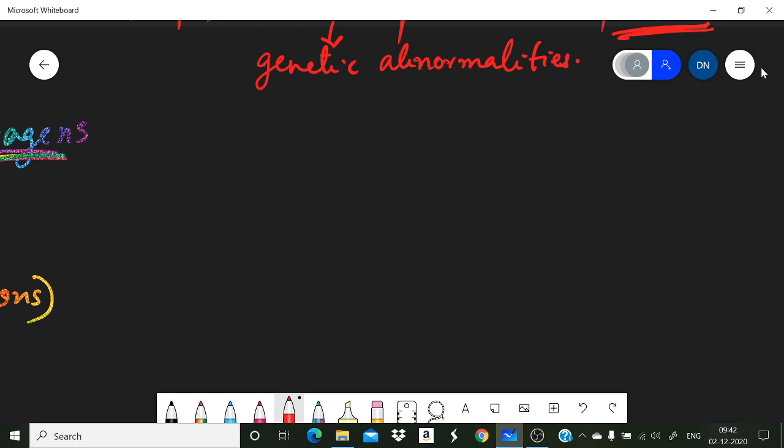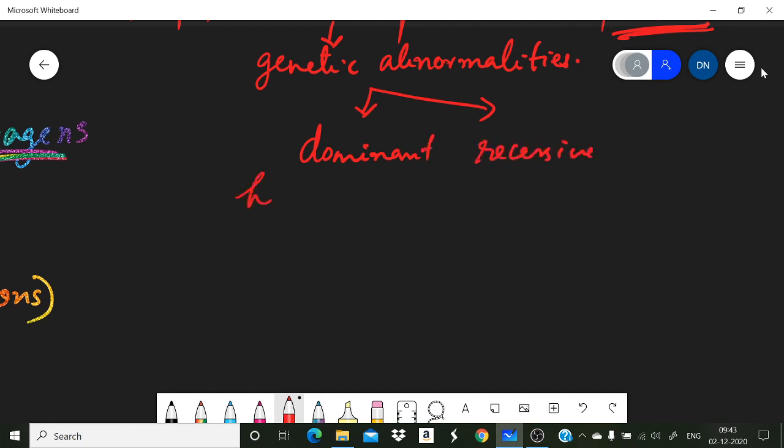These genetic abnormalities are sometimes passed on to the successive generations. Genetic abnormalities may be dominant or recessive.